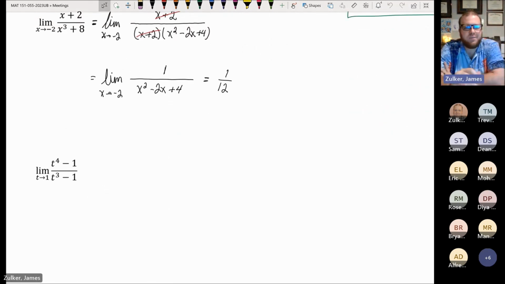Limit as t approaches 1, t to the 4th minus 1 over t cubed minus 1. Direct substitution yields 0 over 0, indeterminate. So we're going to have to do algebra.